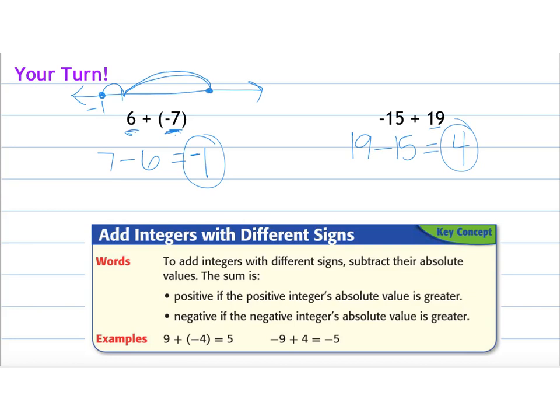If I have, let's say, negative 4 plus 6, I can literally draw 4 negative signs and then 6 positive signs, because I have 4 negatives right here and 6 positives.